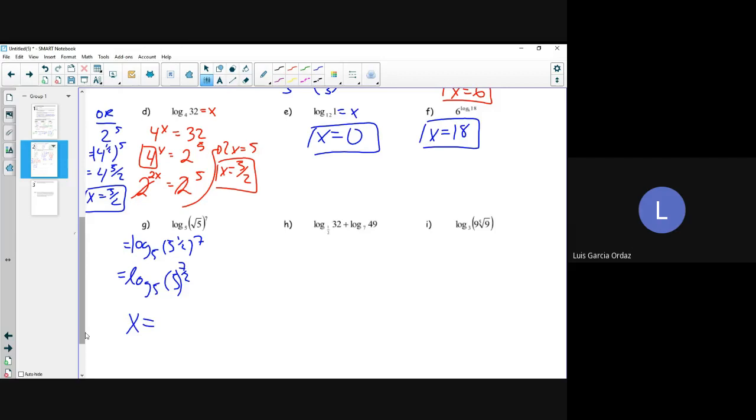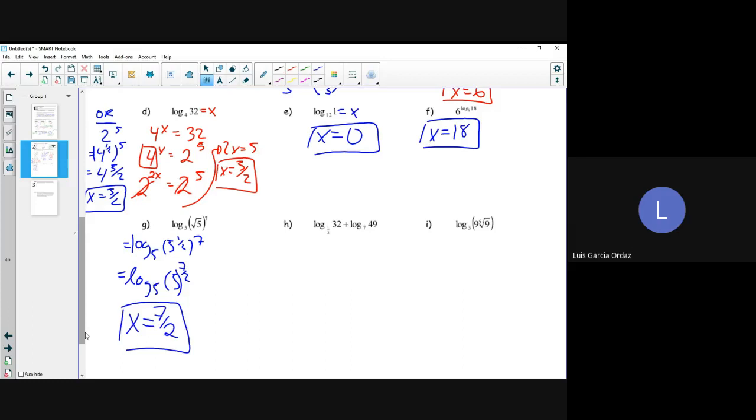So remember, the answer is in the exponent that we just simplified. So what would the answer to G be? 7 over 2. So x is equal to 7 over 2.